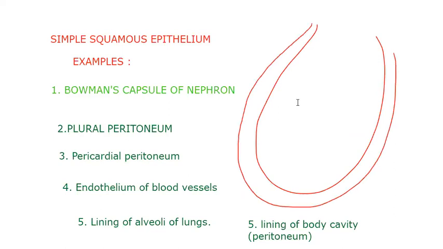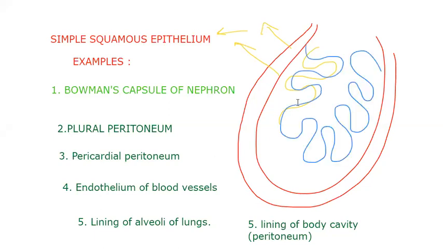So don't get confused in here. That is called pleural parietal peritoneum, pleural visceral peritoneum. That is also composed of simple squamous epithelium. And in the lungs, there are so many alveoli present, the smallest units of the lungs. And that alveoli is also composed of simple squamous epithelium.